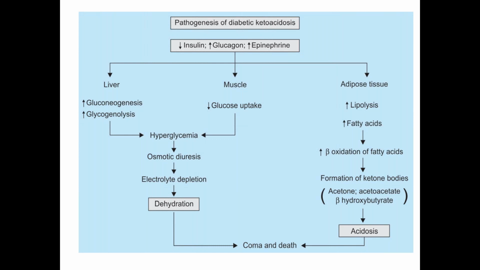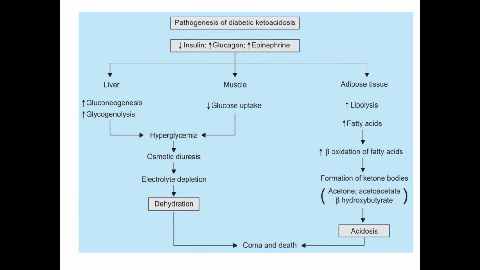If the fatty acid oxidation is excessive, that means beyond the capacity of the peripheral tissues to utilize the energy, then fatty acids are converted into ketone bodies in the liver. So there is imbalance between the energy production and utilization.